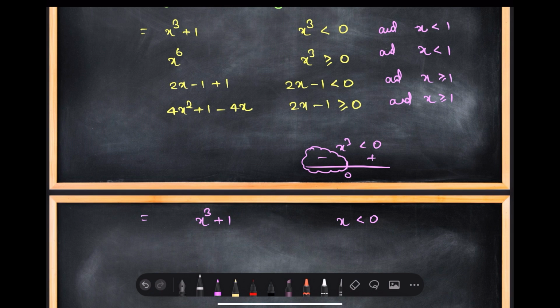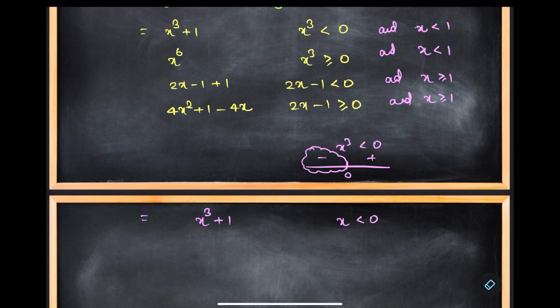Now for the second line, again you have to solve this inequality where you have x cube greater than or equal to 0. So in this case our required region is this, right? This is the required region, and they are saying that x should be smaller than 1.